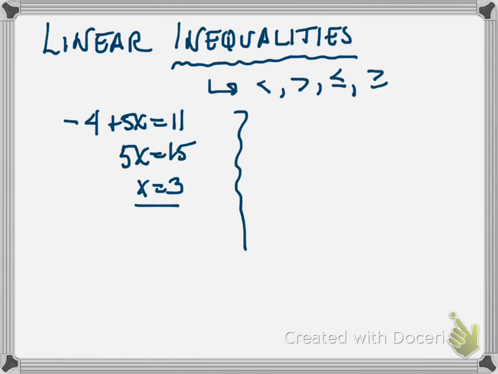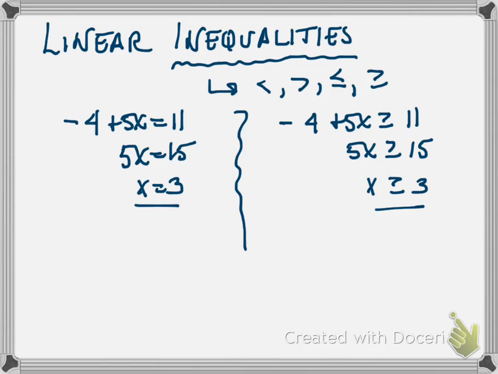If I change the equal to sign to one of my inequalities, so let's say negative 4 plus 5x is greater than or equal to 11, I simply change the sign here. The steps to get to my answer in this case are exactly the same. Add 4 to each side, so 5x is greater than or equal to 15, and then I get x is greater than or equal to 3.